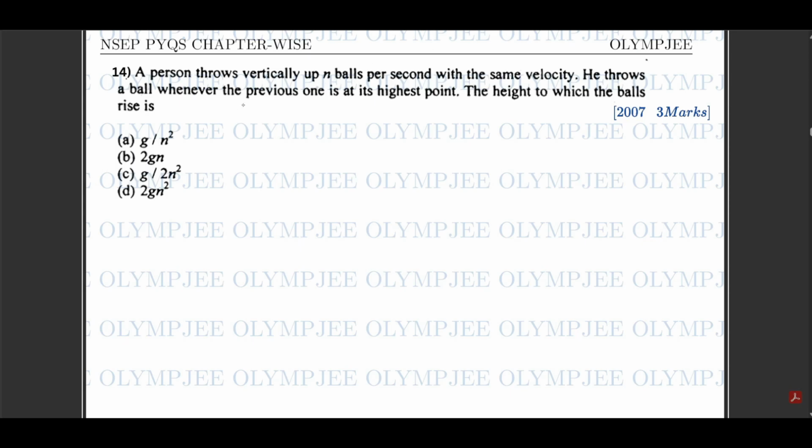He throws a ball whenever the previous one is at its highest point. Find the height to which the balls rise. So if a person throws n balls in 1 second, the time taken by him to throw one ball is 1 by n second.